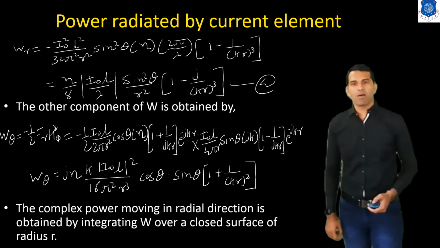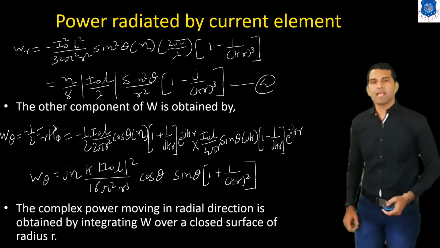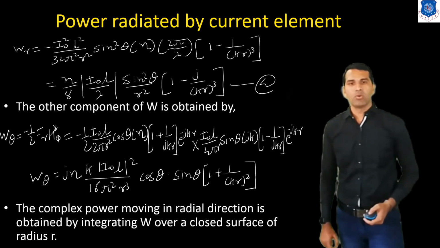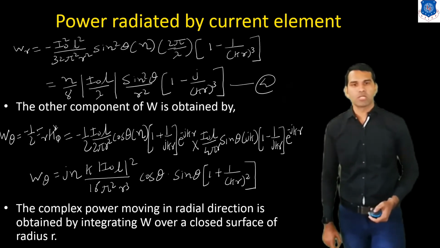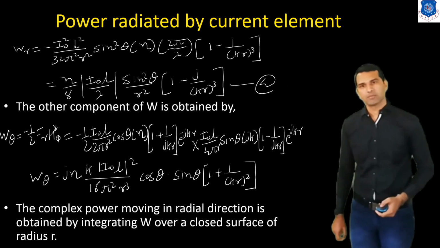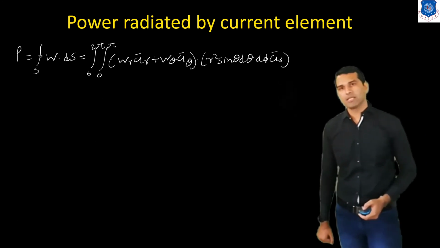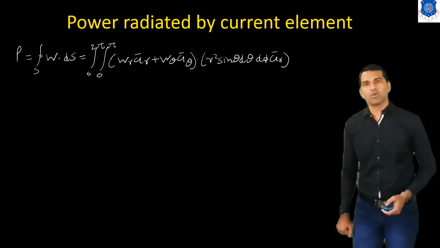The complex power moving in the radial direction is obtained by integrating W over a closed surface of radius R. So we can write the equation for the power P equals the integration of W · ds.